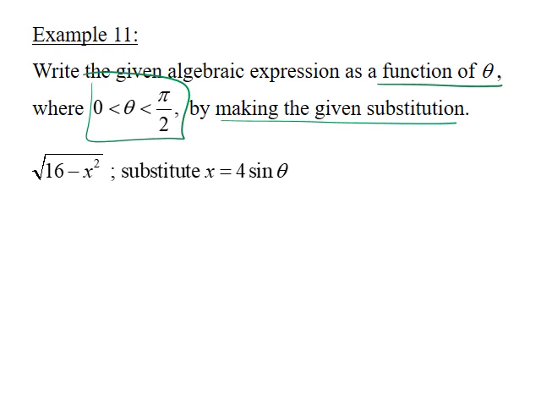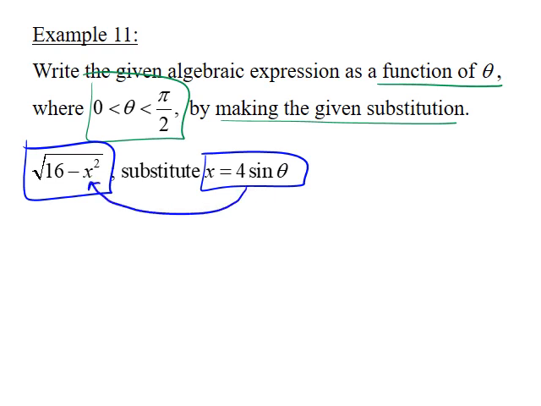So I've said, hey, we are going to start with this radical, but instead of x, substitute for sine of theta. Okay, so all I'm going to do is take this and substitute this in. When I do that, I end up with 16 minus 4 sine of theta squared.